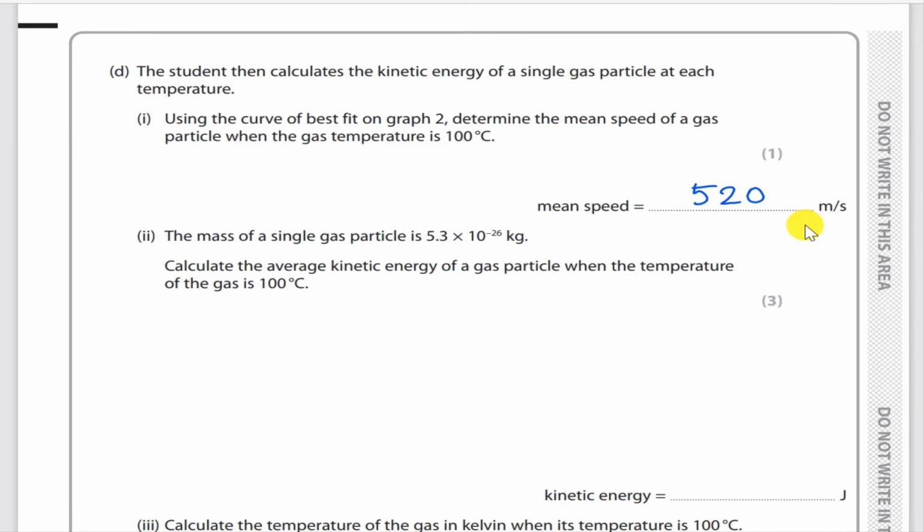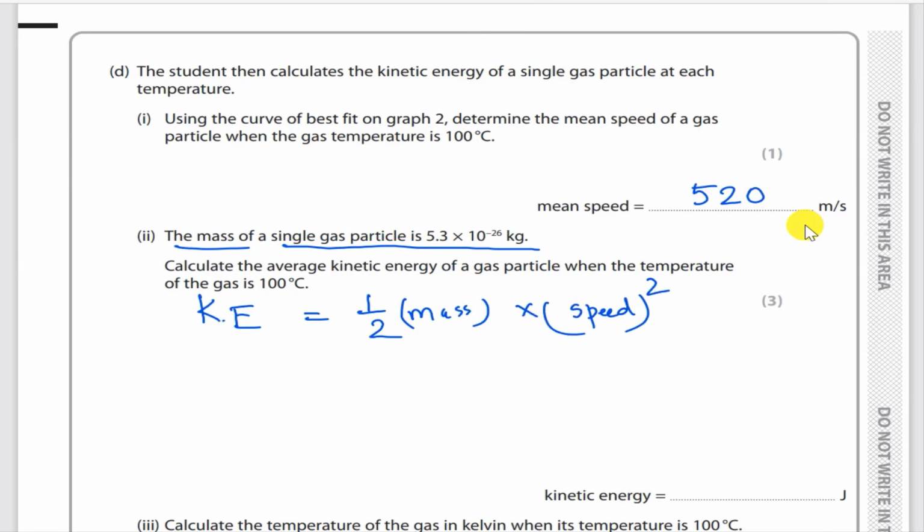The mass of the single gas particle is 5.3 times 10 to the power minus 26 kg. Calculate the average kinetic energy of the gas particle when the temperature of the gas is 100 degrees Celsius. We know kinetic energy equals half mv squared.